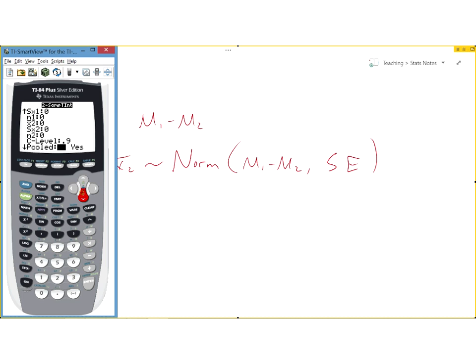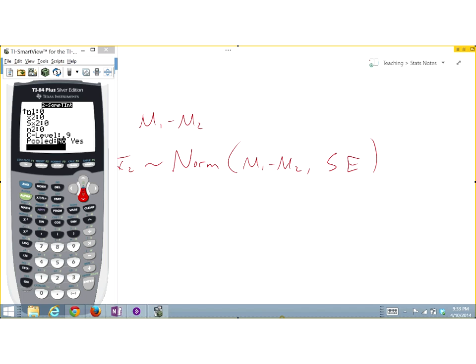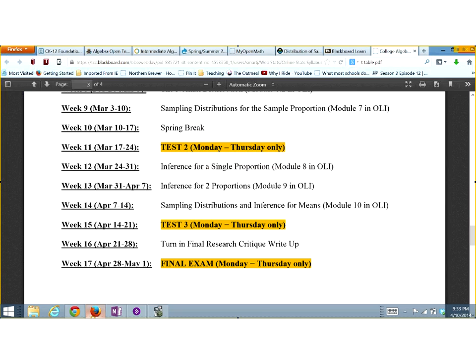Confidence level, pooled, always leave no, and calculate. The default is no, so you don't have to do anything. Out will pop your confidence interval. Negative values mean mu2 is bigger, positive values mean mu1 is bigger, or at least we believe so, in terms of the confidence interval.